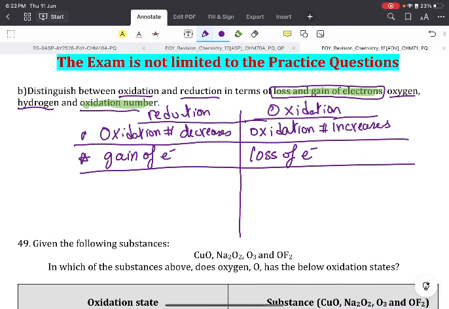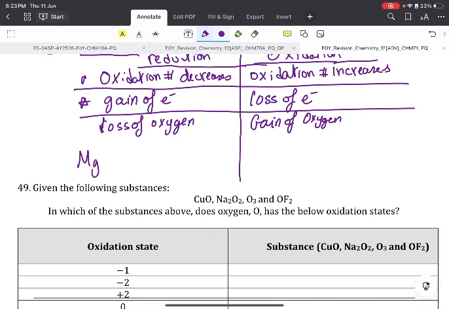Now let's discuss in terms of gain and loss of oxygen. Oxidation is a gain of oxygen, whereas reduction is a loss of oxygen. And I'm going to give you an example. If I have magnesium plus oxygen giving magnesium oxide, look at this one.